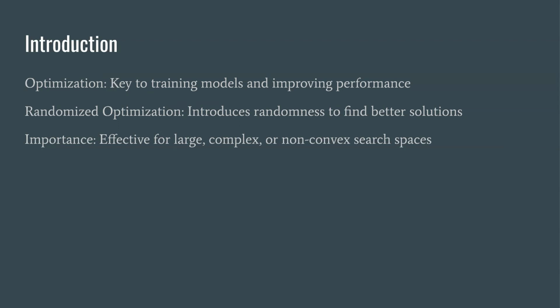For this lecture, we're going to focus on randomized optimization, a set of methods that introduce randomness into the search process to find optimal or near optimal solutions. And these methods are particularly useful when dealing with large, complex, or non-convex search spaces.